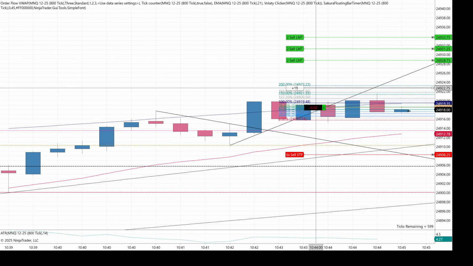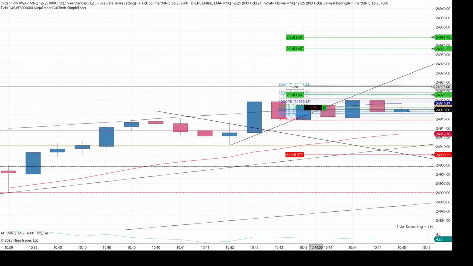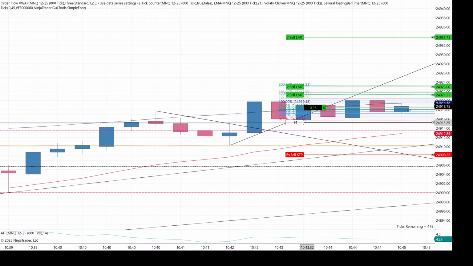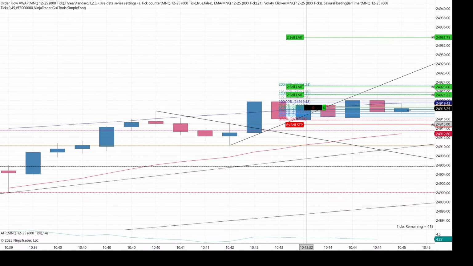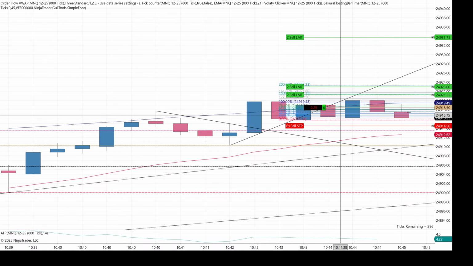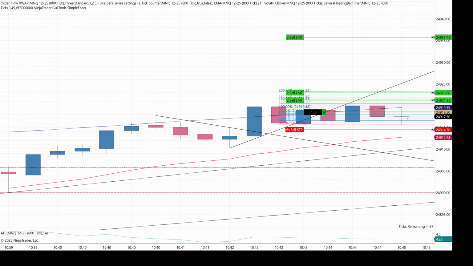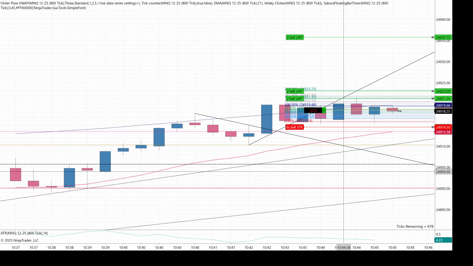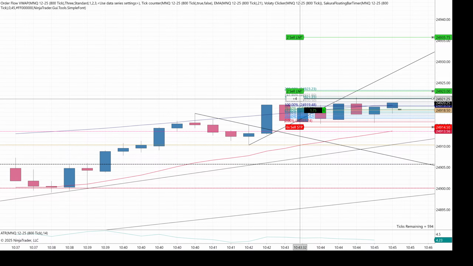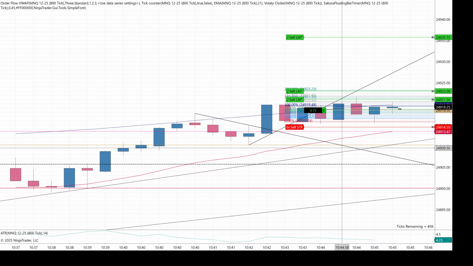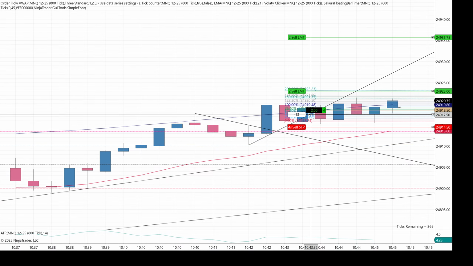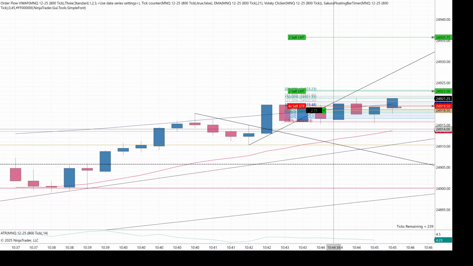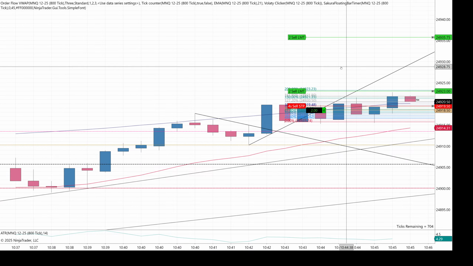We're still technically in this trade, so let's see if we can get back up. Okay, let's see if we can get this target. Oh, we missed it.